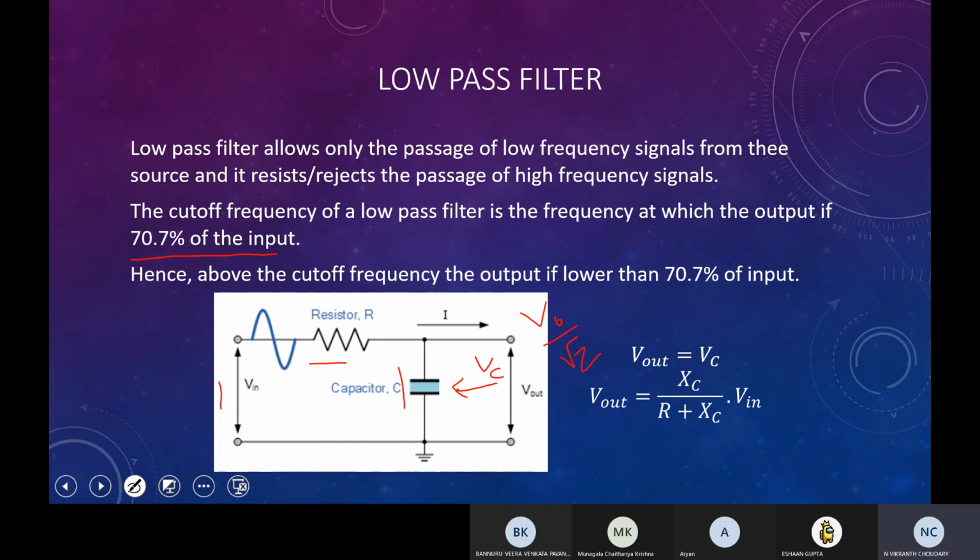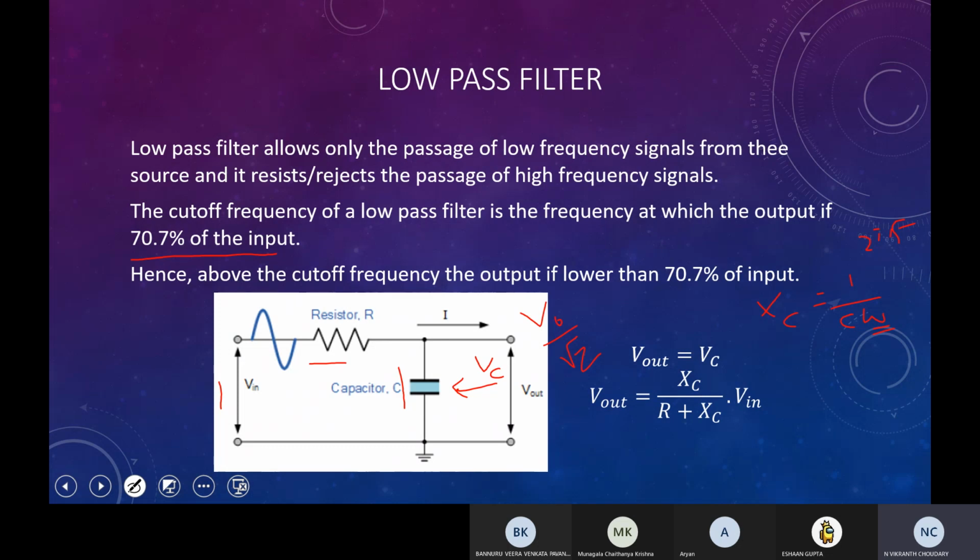So why do we say that this RC circuit acts as a filter? If you recall, XC is equal to 1 by C omega, and omega is equal to 2 pi F. So 1 by C omega is inversely proportional to frequency.